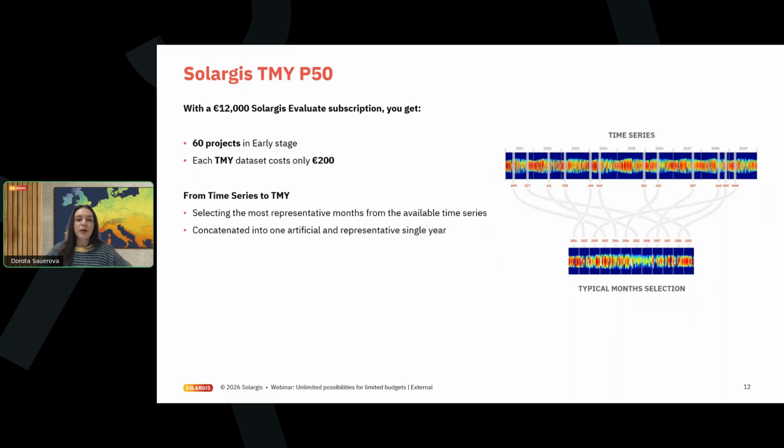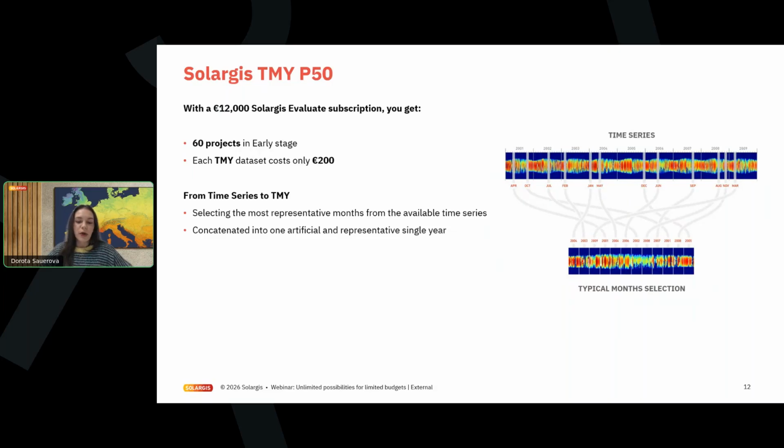Our TMY P50 is constructed by selecting the most representative months from the available time series. So for example, the most typical January, February, March, and so on are chosen to reflect typical conditions from the full historical record. These months are then concatenated into one artificial and representative single year.